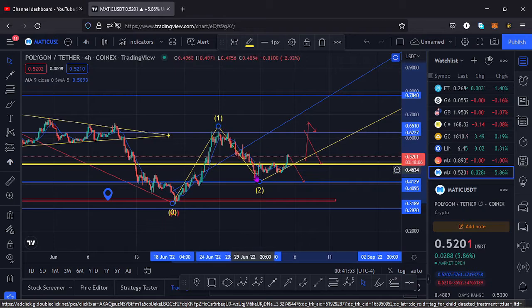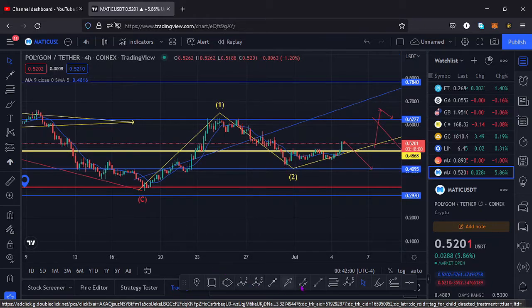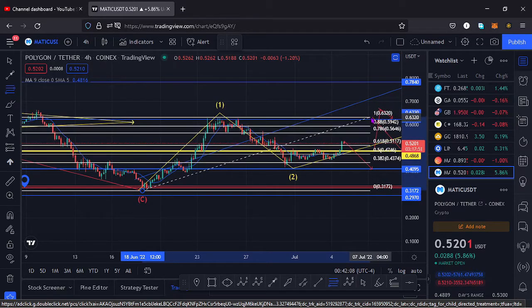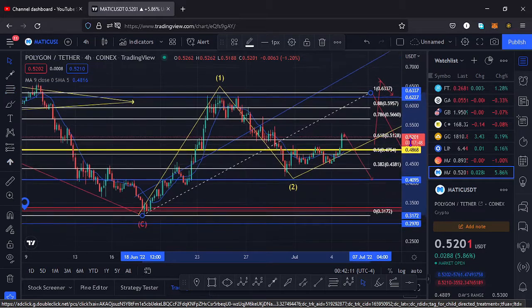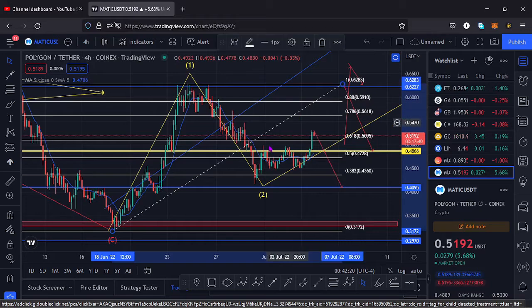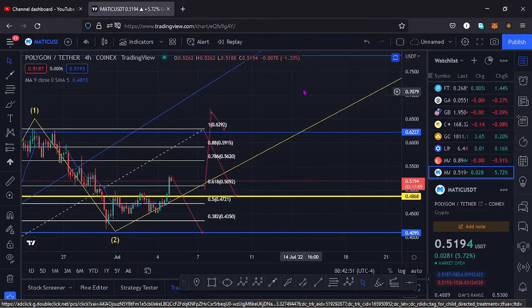Then we are having a wave 2 which might be complete, because if I apply the Fibonaccis here to see to what point that wave 2 should retrace to, you can see that this wave 2 has retraced to around the 0.338 fib level. That is this area down here, and having done that, that means this could be the wave 2 and it might be complete.